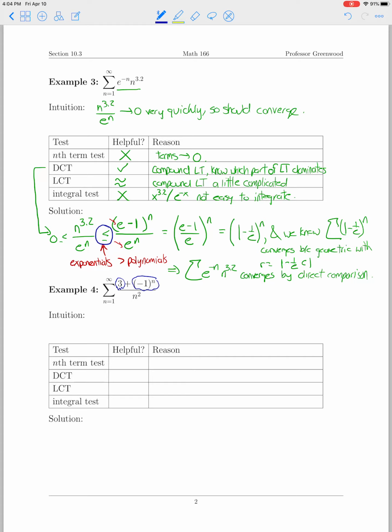And so that means that my intuition is that this is going to be roughly like 2 over n squared, which is sort of what would happen if you subtracted a 1 from the numerator, or maybe 4 over n squared, which is what would happen if you'd add that 1 to the numerator instead, and both converge. And so that means that it does too.